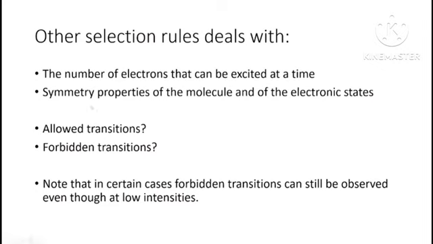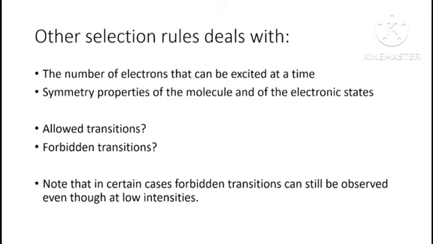Now there's another thing. We can also talk about the symmetry properties of the molecule and the electronic states. When we talk about symmetry properties of a molecule, what does it mean? Symmetry in quantum mechanics means the thing should remain unchanged. It should be the same way it was initially when the molecule undergoes some kind of operation or transformation.